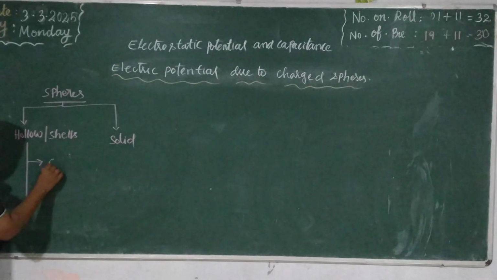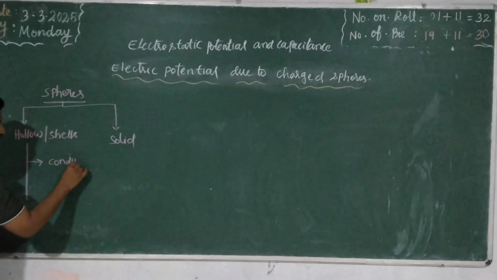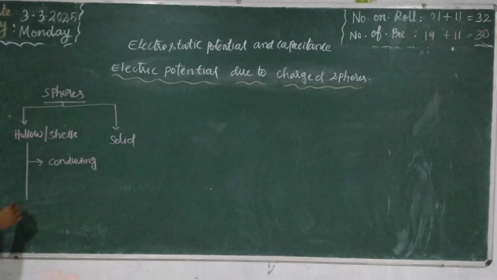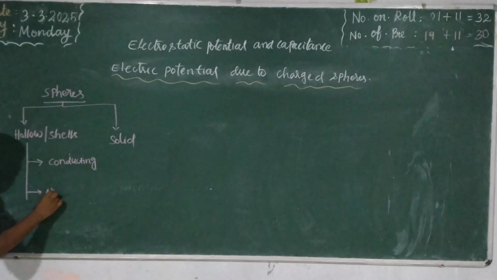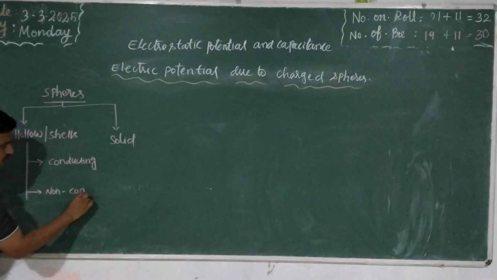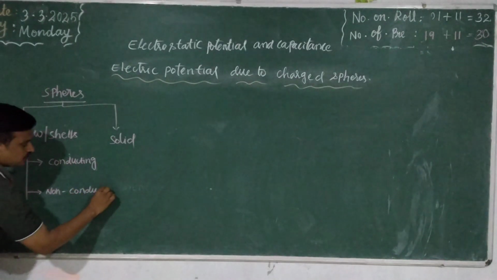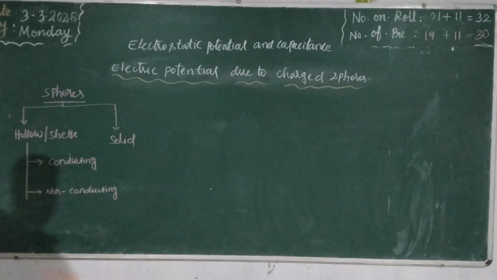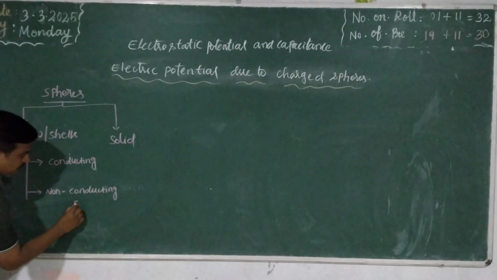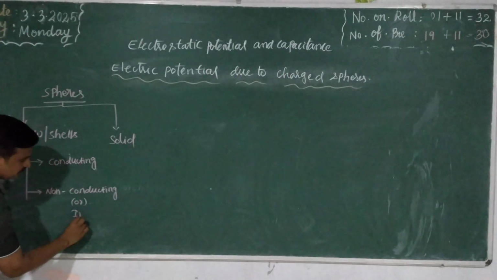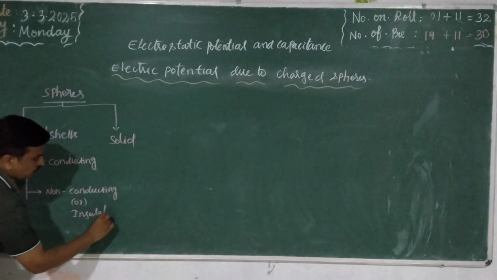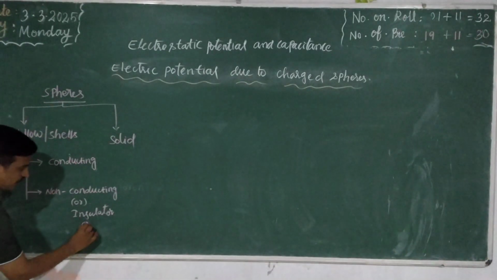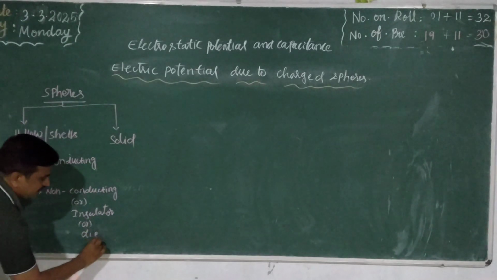Hollow spheres again have two types: conducting hollow spheres and non-conducting hollow spheres. Non-conducting is nothing but insulating, or insulators, or we can write it as dielectric.